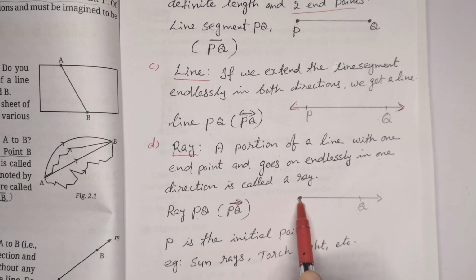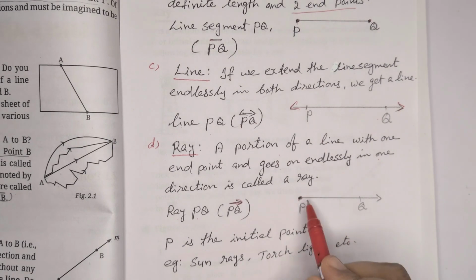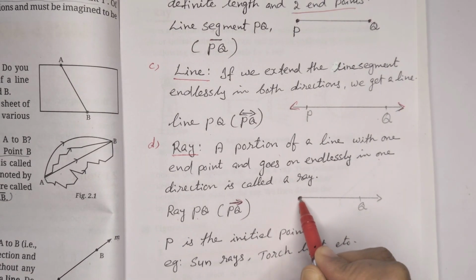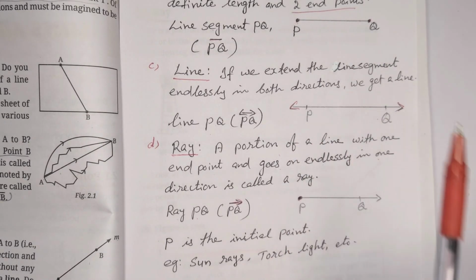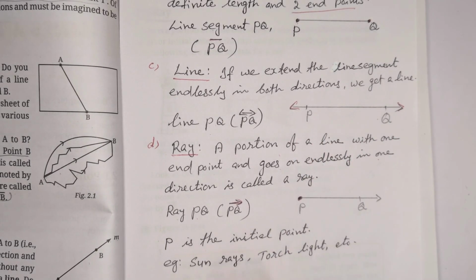Here P is the initial point or starting point. So a ray has one endpoint. A line has no endpoints. A line segment has two endpoints. Examples for ray: sun rays starting from the sun going endlessly in the other direction, torch light, lighthouse light, etc.